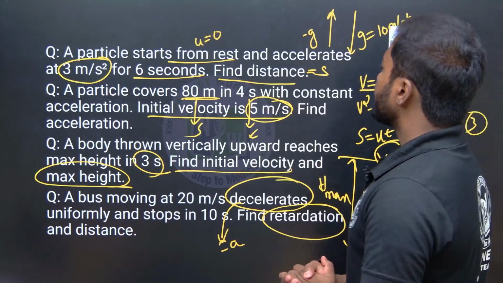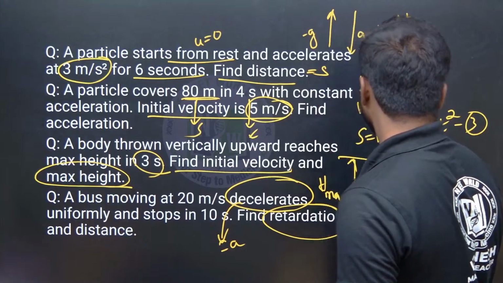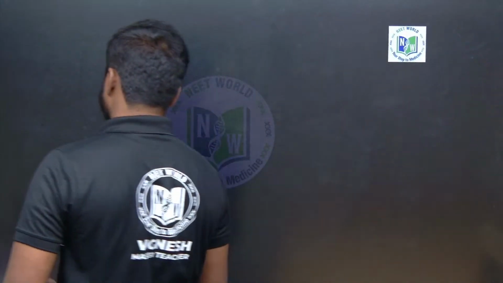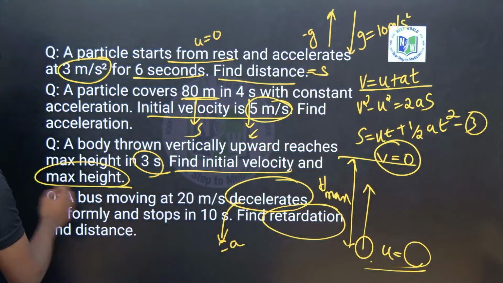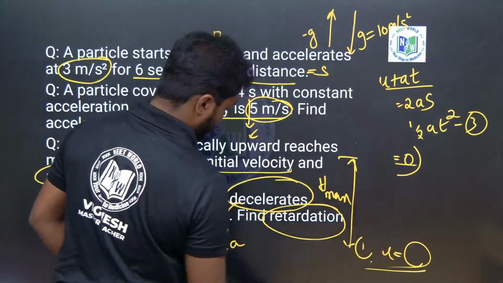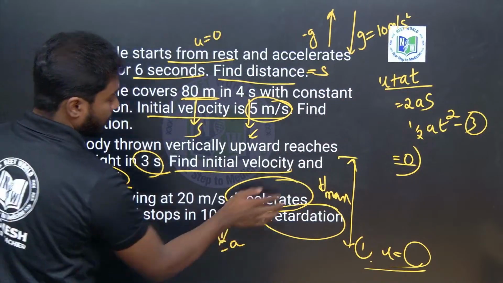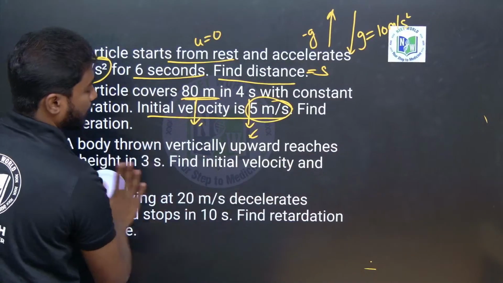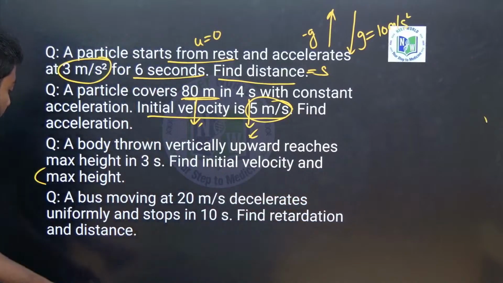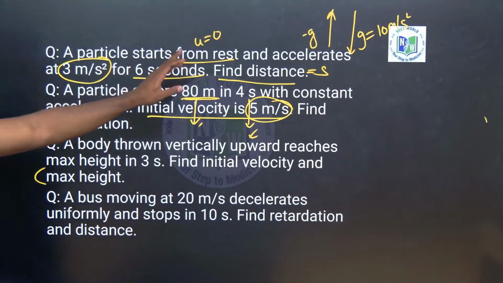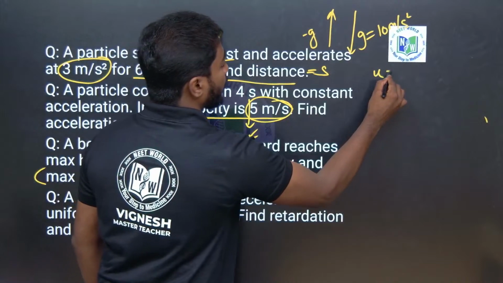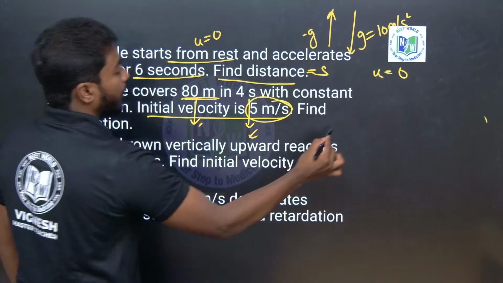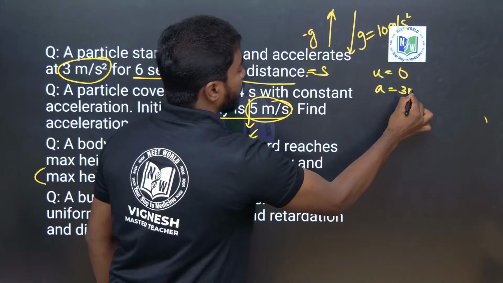Yeah, so u is given, a is there. Let me take the same slide. See, a particle starts from rest, that is u = 0, accelerates at 3 meters per second squared, a = 3 m/s².